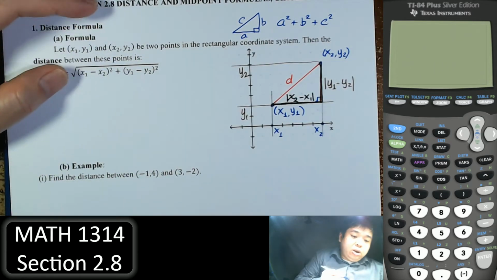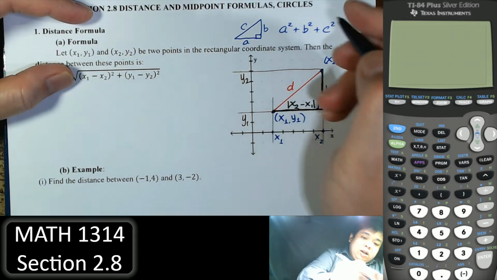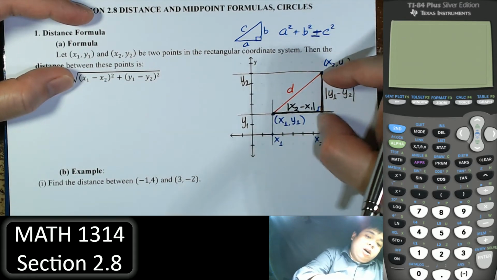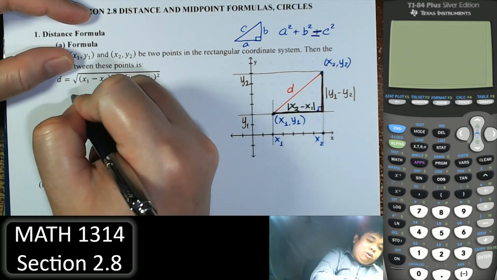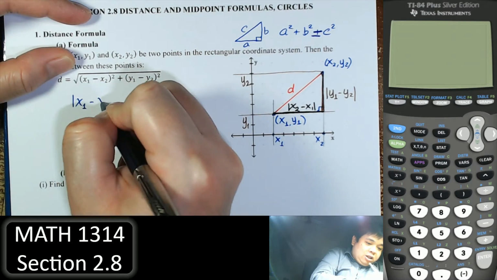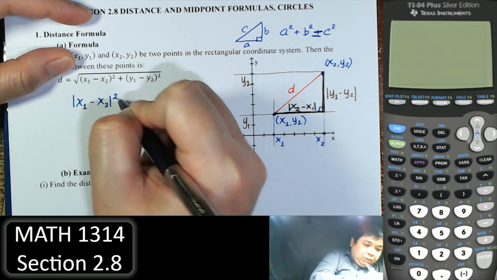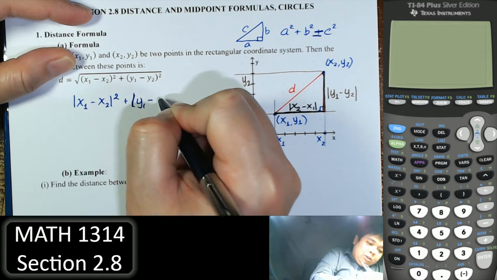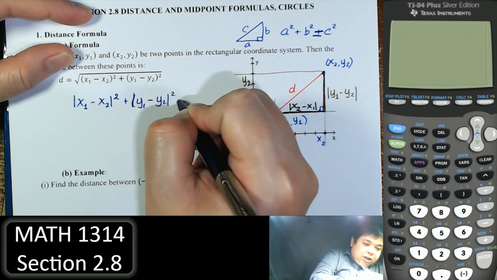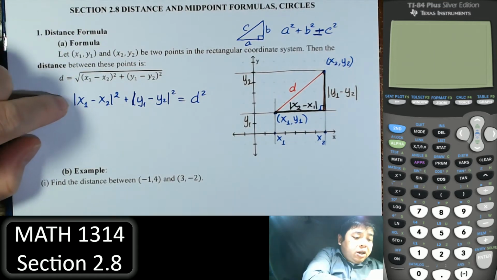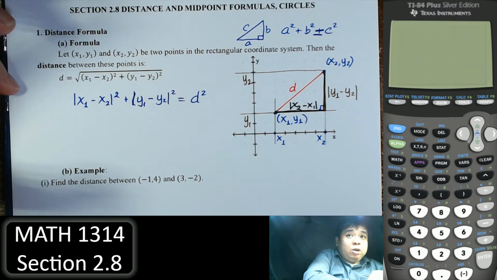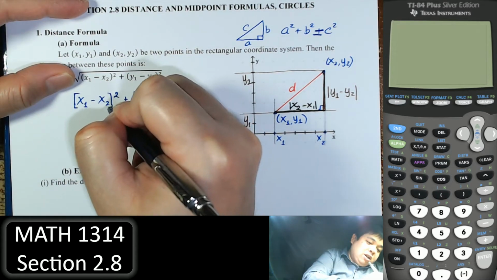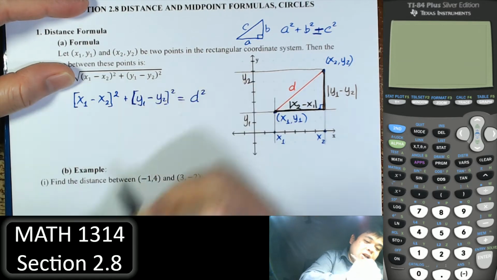So with this sketch, we see d square equals c square, and we have x1 minus x2 squared plus y1 minus y2 squared equal to d squared. And notice that with the absolute values squared, negative 3 squared or 3 squared is equal to 9. So we don't really need absolute values, just parentheses.